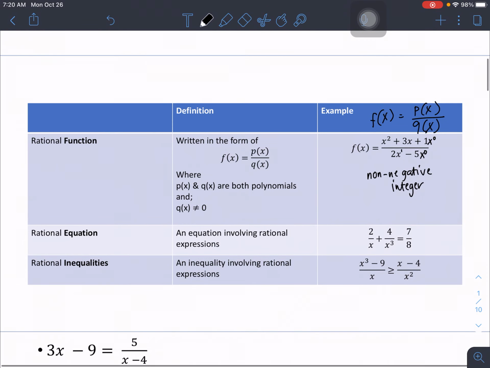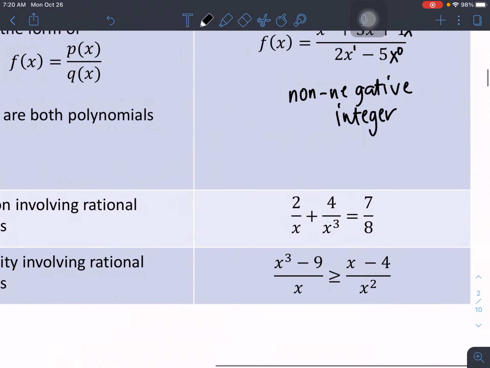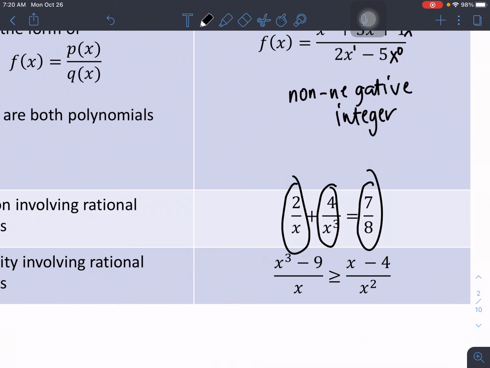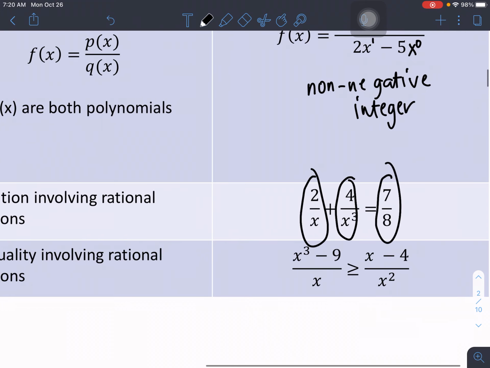Next one, rational equation. A rational equation involves rational expressions. So we have here rational expressions arranged and separated by an operation and an equal sign, thus an equation.